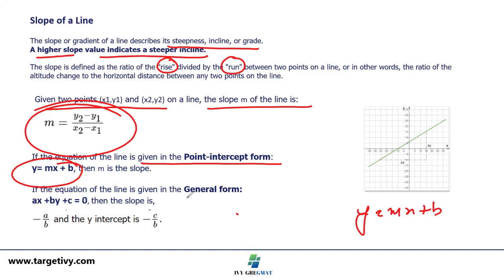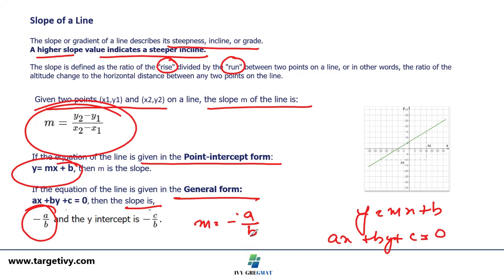If the equation is given in the general form, it is ax plus by plus c equal to 0, where the slope, as we saw, is m equal to minus a by b. The y-intercept is minus c by b.